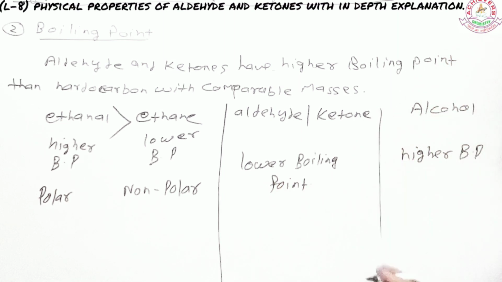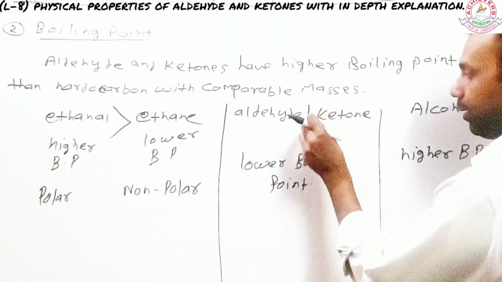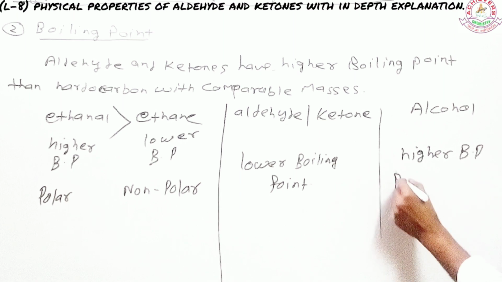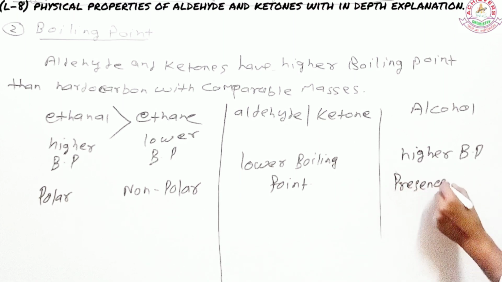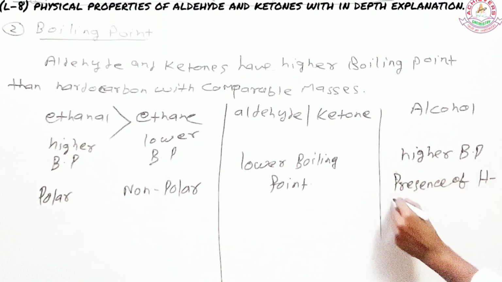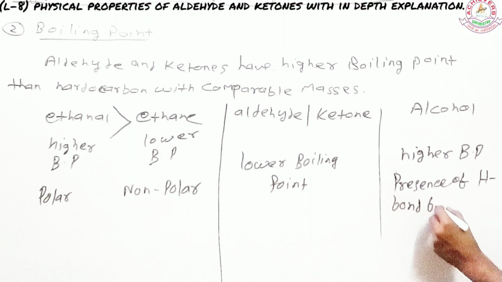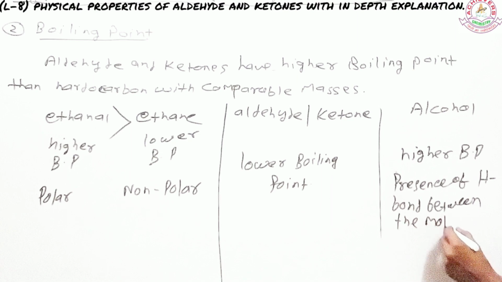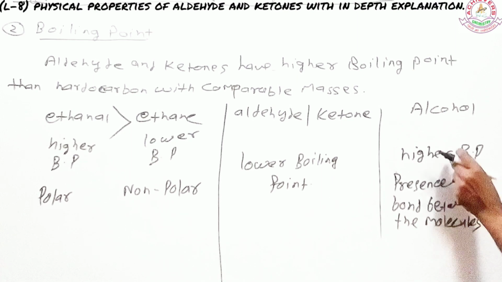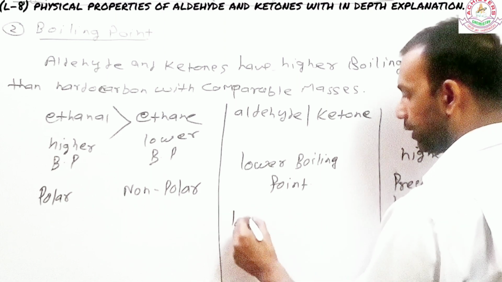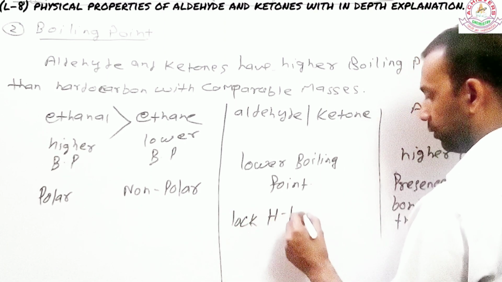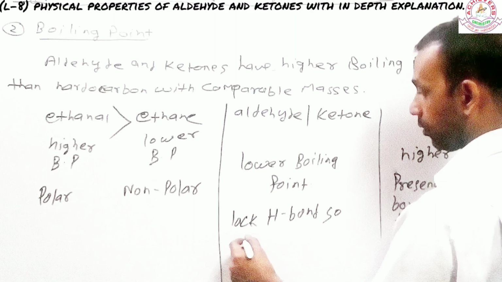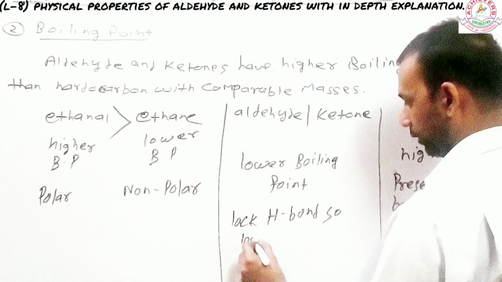Now the question is why this is so. Alcohols exhibit the presence of hydrogen bonding between their molecules, so they have a higher boiling point, while aldehydes and ketones lack hydrogen bonding between the molecules, so they have a lower boiling point.